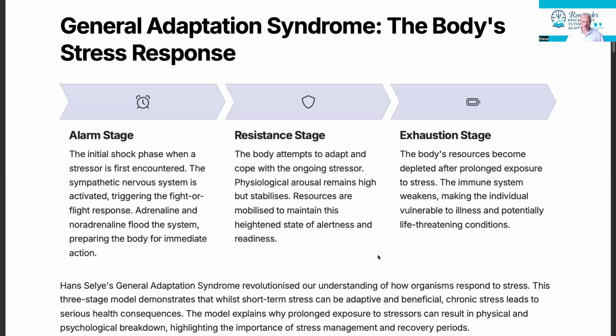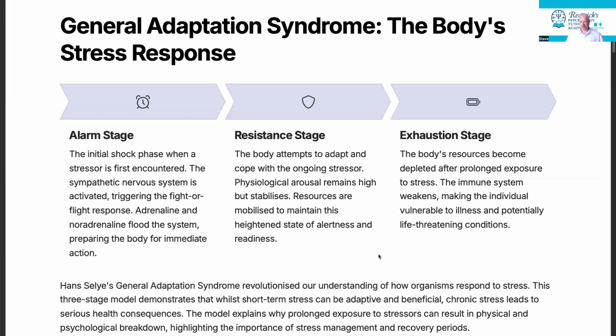The fight or flight mechanism is going to be activated, and you'll get the physiological changes that occur through adrenaline and activation of the sympathetic branch of the autonomic nervous system and the parasympathetic branch of the autonomic nervous system. So classically adrenaline and noradrenaline are related to that part.